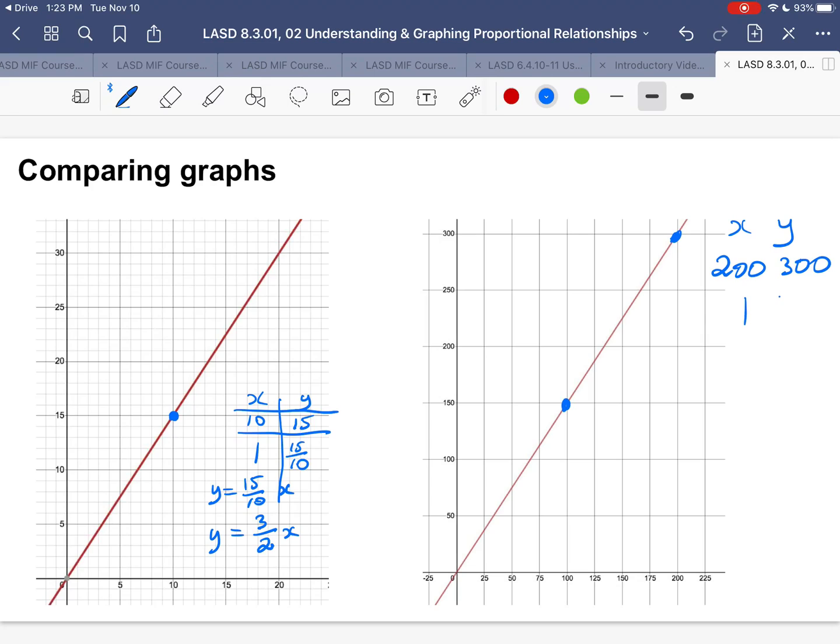So I divide 300 by 200 as well. 300 over 200, or I can simplify that down to 3 over 2. And so my equation here now would be y equals 3 over 2x, which is the same as the equation for the other graph. So the graphs could represent the same situation.